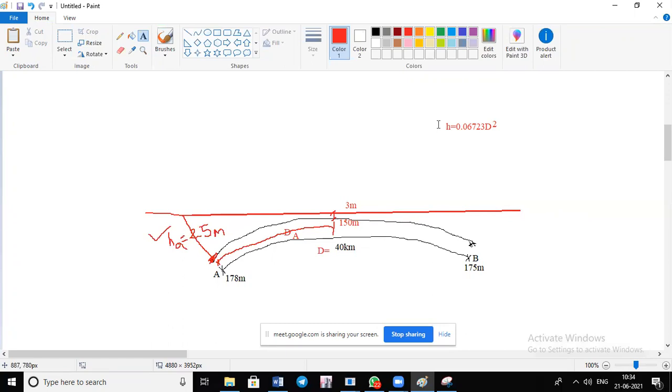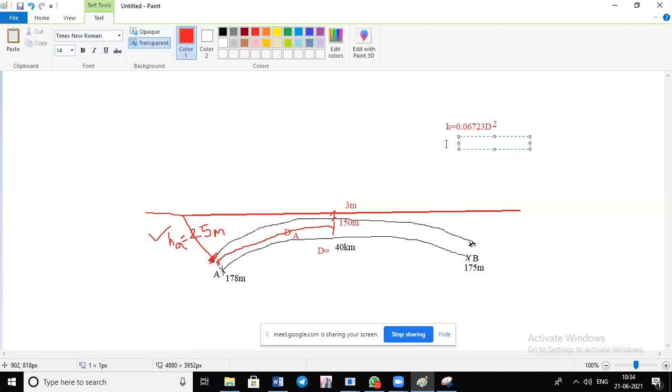The inverse of 0.06723 gives 14.87, and after taking the square root I get 3.856, which is nearly equal to 3.853, depending on whether we take 0.0672 or 0.06723.